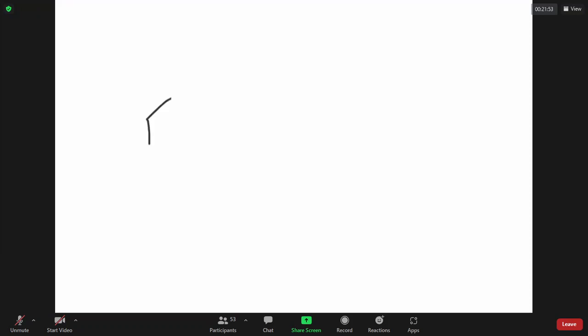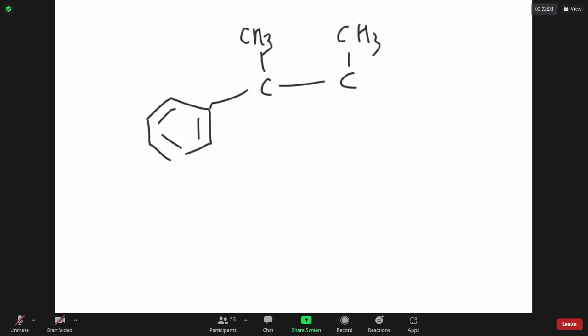Sir, yesterday I was talking to you about a reaction like this. This is a compound called... Can you name this compound, sir? This compound is called 1-phenyl, sorry, I will count from this end.